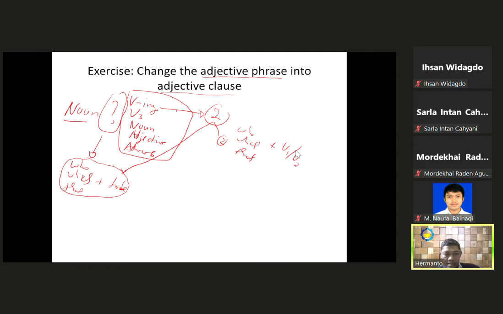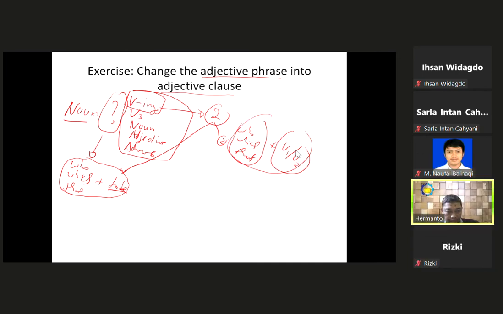So if there is only verb ing, there are 2 possibilities: who, which, that, plus to be, or just who, which, that, then verb 1 or verb 2. That is the missing part between noun and verb. Okay, everyone.